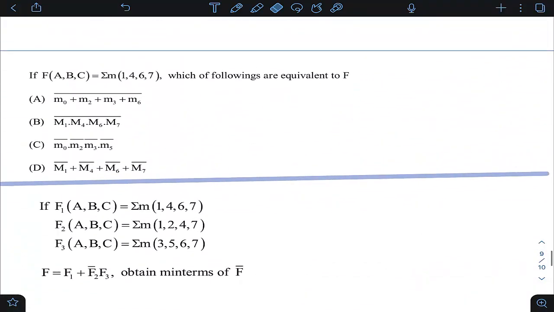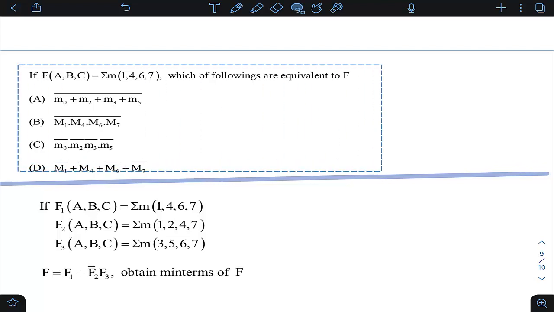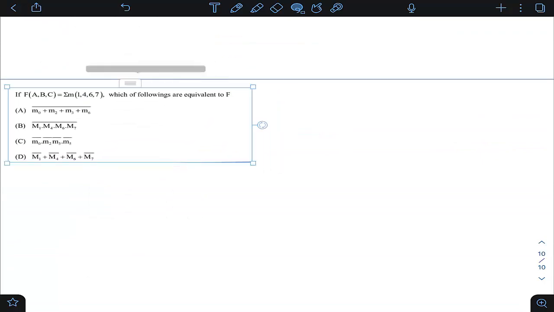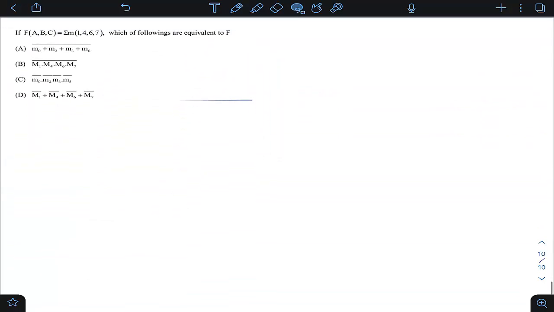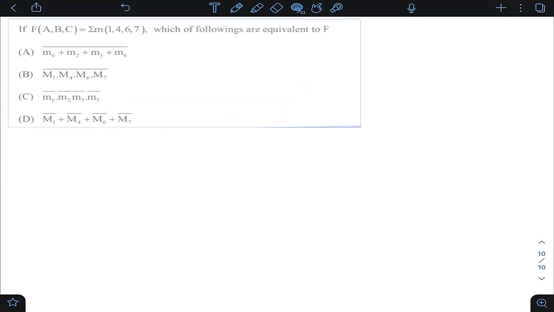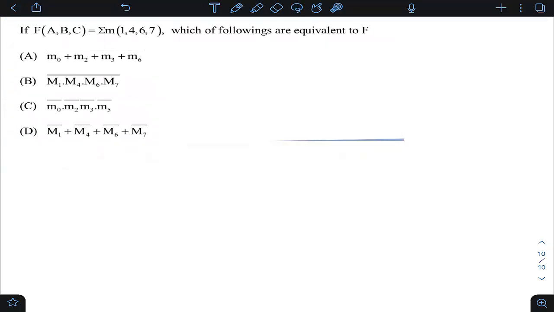So this is the question. See, the question is: if f of A, B, C has minterms 1, 4, 6, 7, which of the following are equivalent to f?